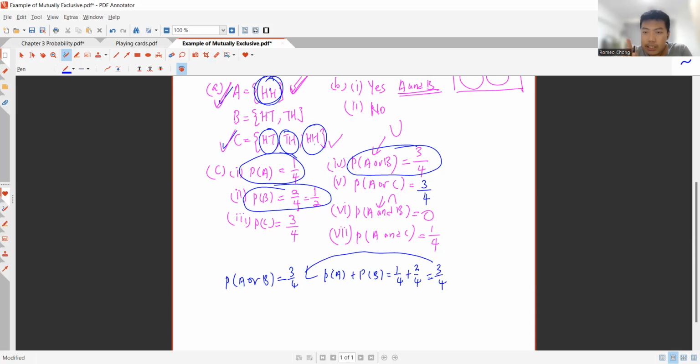So this is the first formula about probability, which is the addition law. When can you add the two probabilities together? When your A and B are mutually exclusive, meaning A and B don't have a common element.